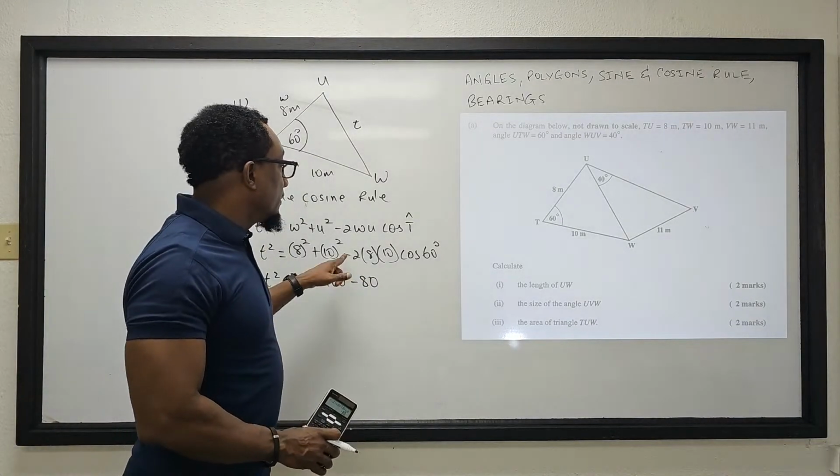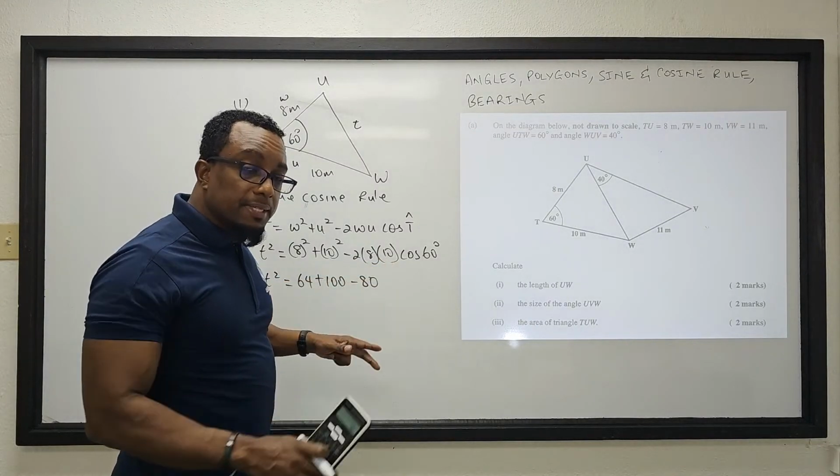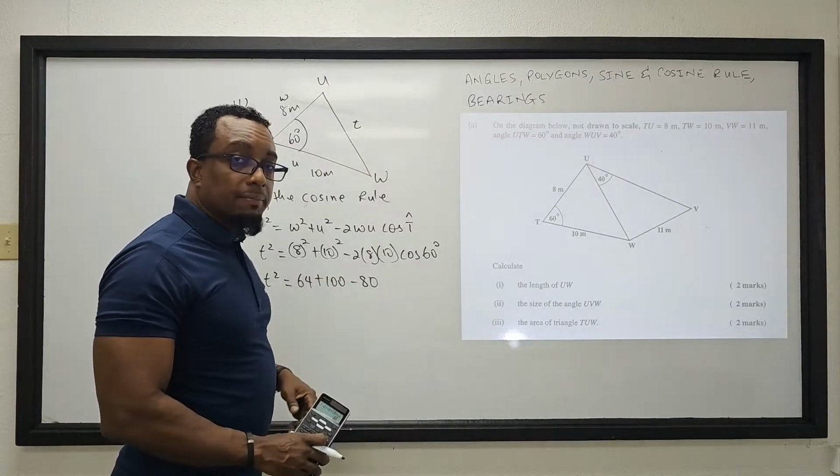Yeah? So you can put it in the calculator, negative 2 by 8 by 10 multiplied by cos 60. Put that entire thing into the calculator. And what you're going to get is negative 80. So you should put in negative 80.